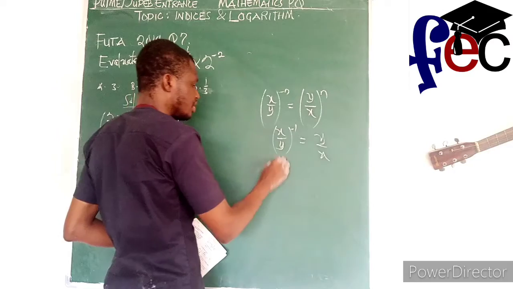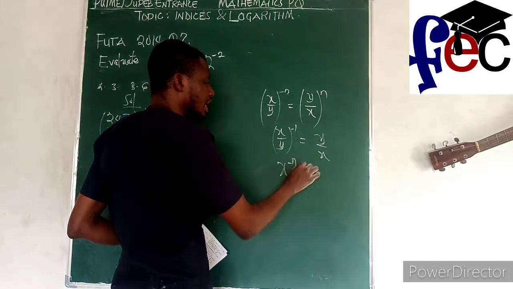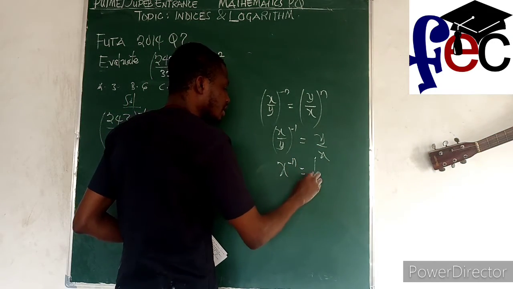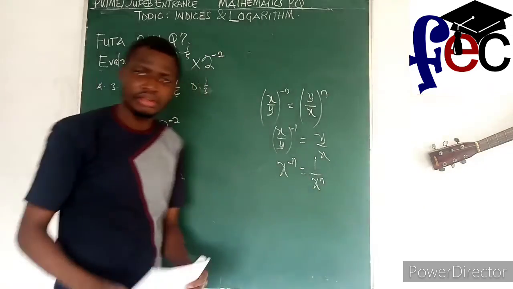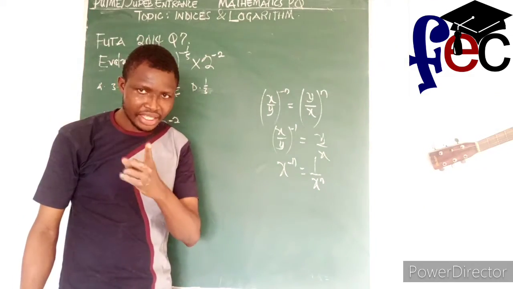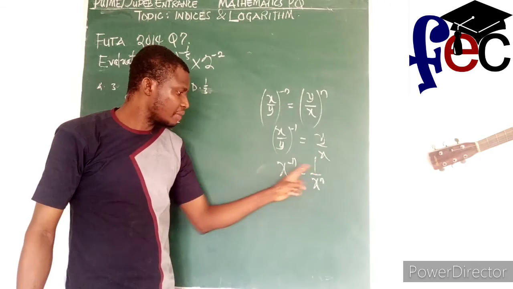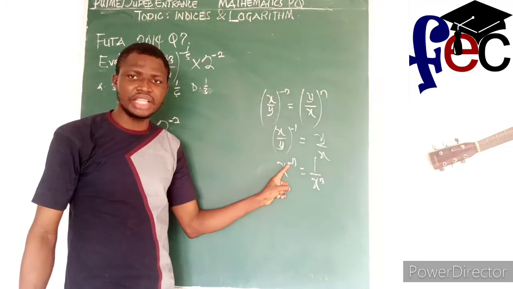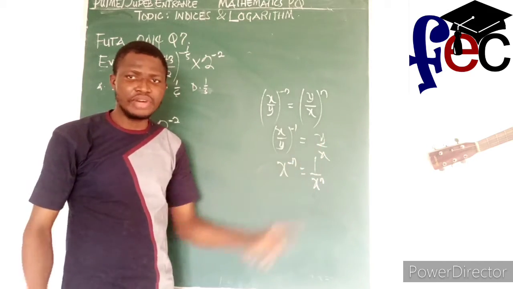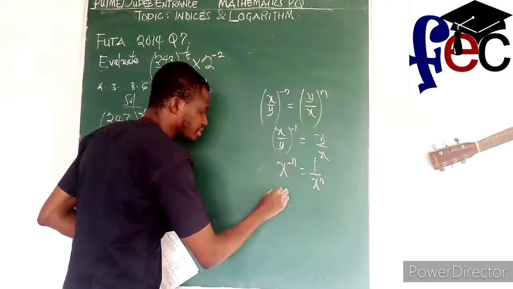You remember that when you have x raised to power minus n, you have 1 over x raised to power n. Don't make the mistake of thinking that I put 1 here because of this negative sign. Let me come from this angle.